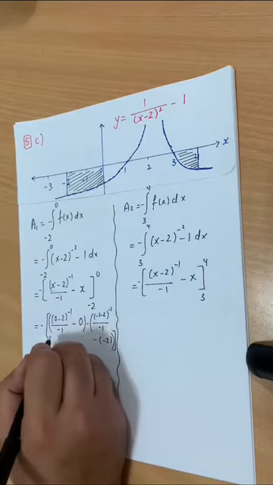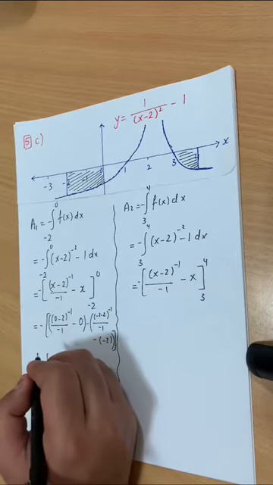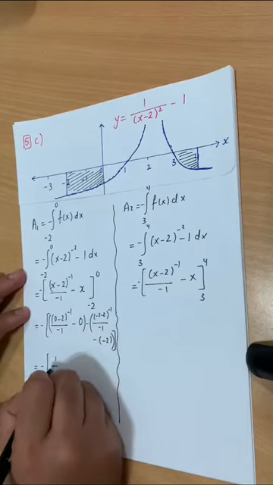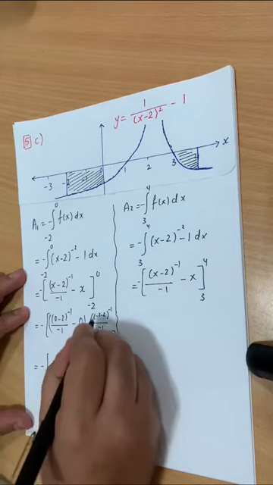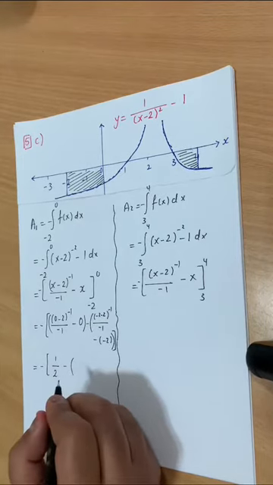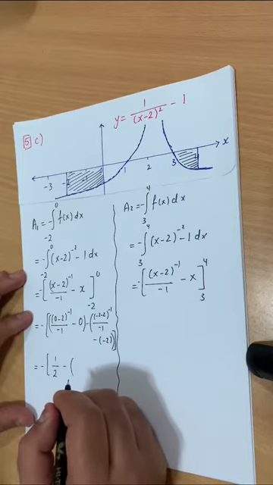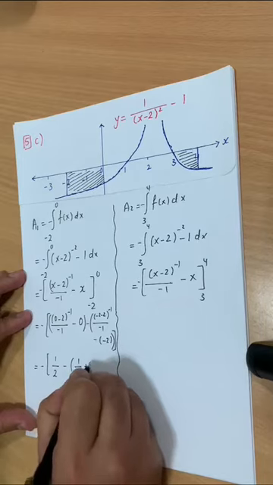For this part, negative 2 to the power of negative 1 is negative half. And negative half divided by negative 1 is positive half, minus 0. Then minus negative 2 minus 2 is negative 4, to the power of negative 1, which is negative quarter. Negative quarter divided by negative 1 is quarter, and minus negative 2 is positive 2.